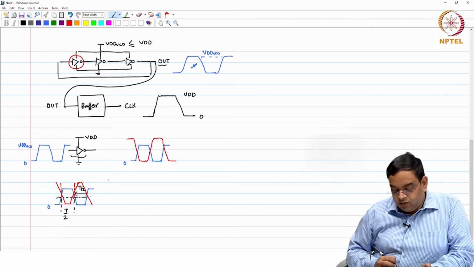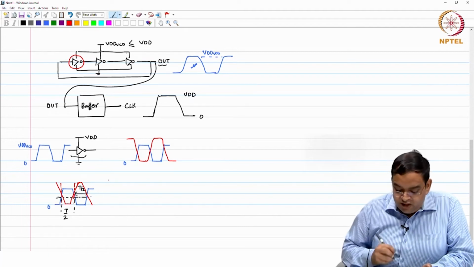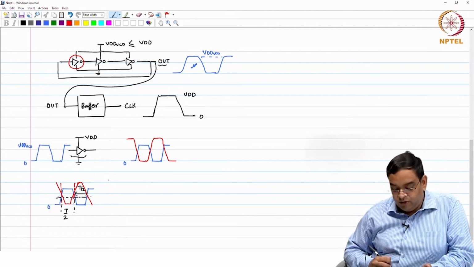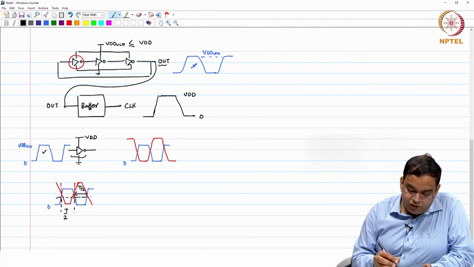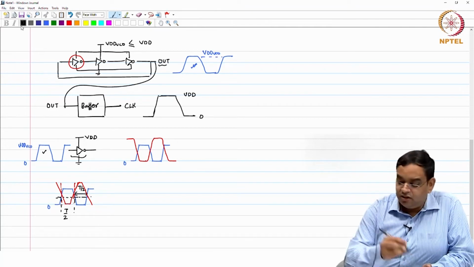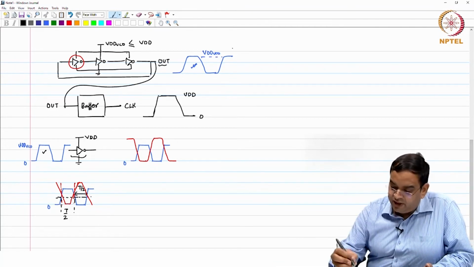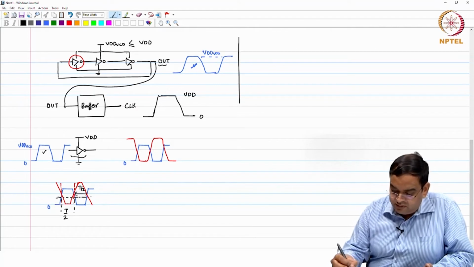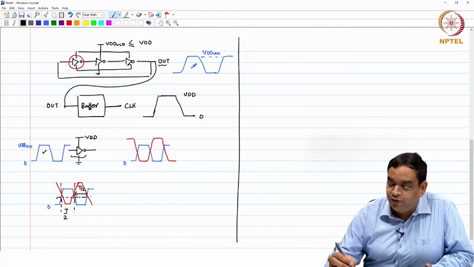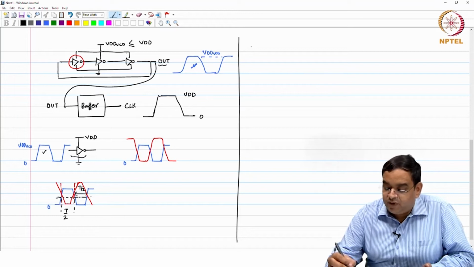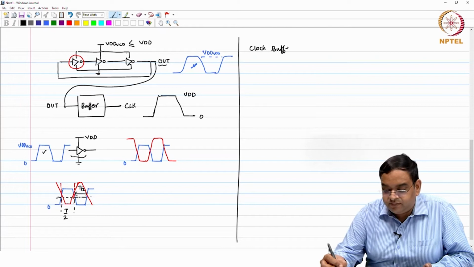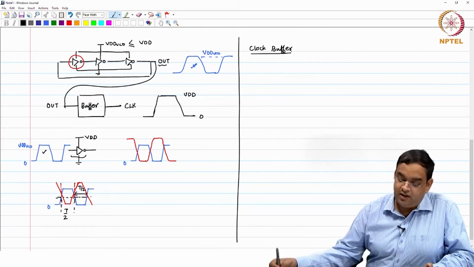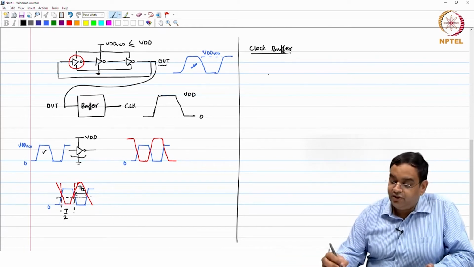So, what we should do here is the following: somehow we have to restore the duty cycle and buffer the clock. For that purpose, a clock buffer is something which we need to design, and we need to retain the duty cycle.